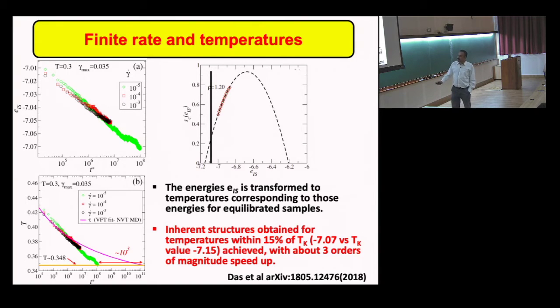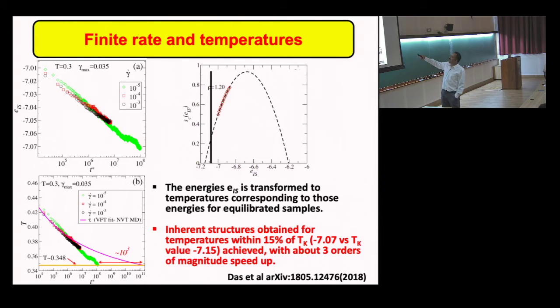And basically what we find is that we can go down to very low energies, and the gain in time compared to normal molecular dynamics is about 3 orders of magnitude, which is encouraging, but not a record in glassy simulations of late. But there are reasons why this may be an interesting approach to follow.